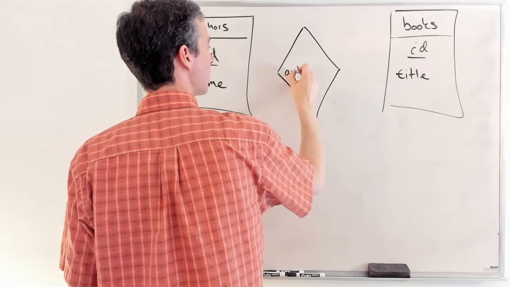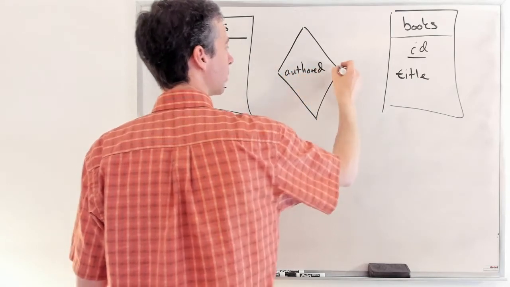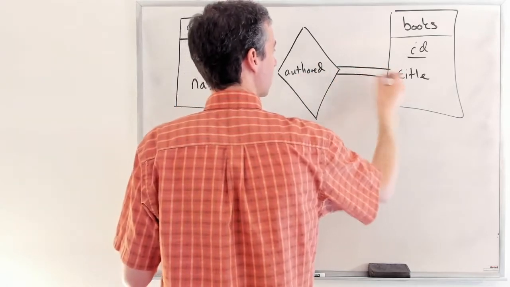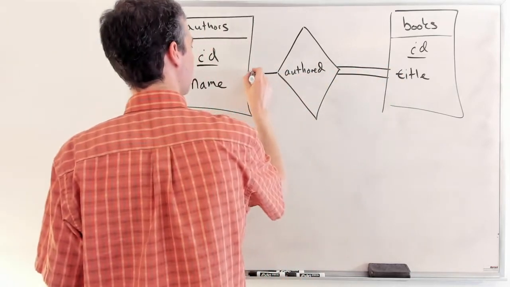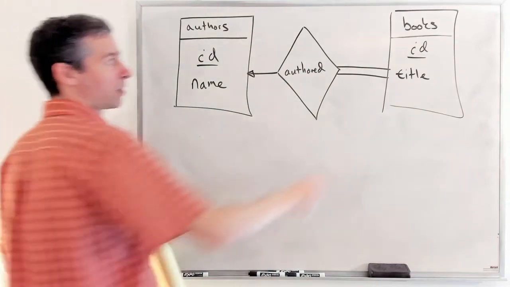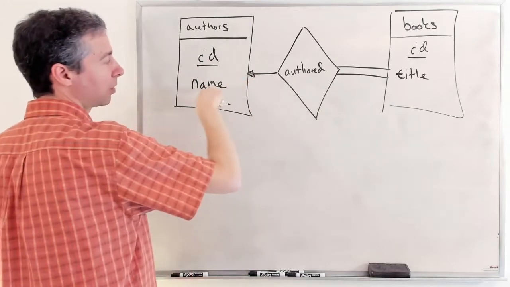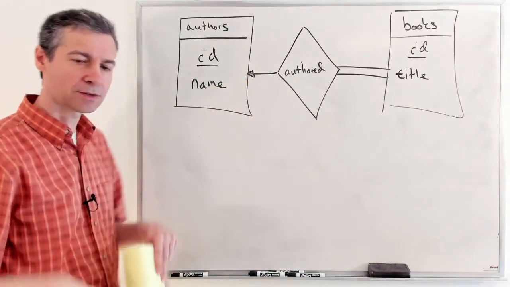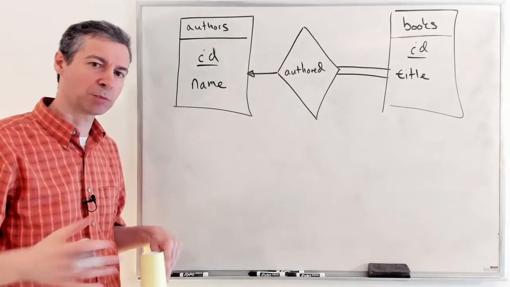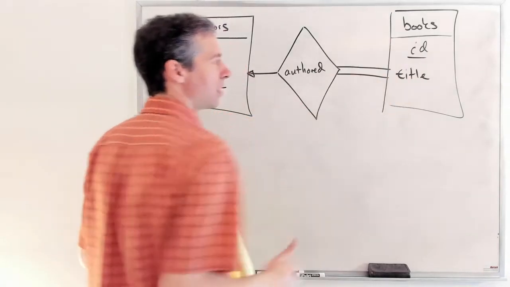We could set it up so that we have multiple authors, but I'm not going to. We're going to go with the following: for one book, we're going to have one author.